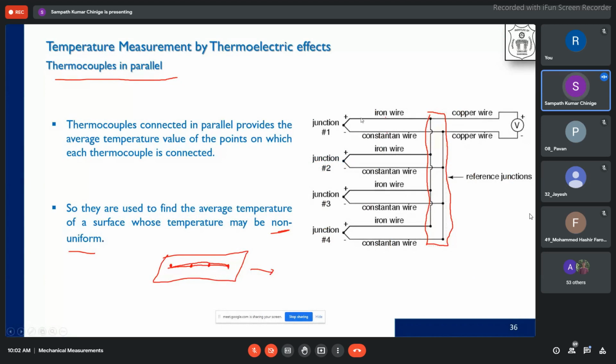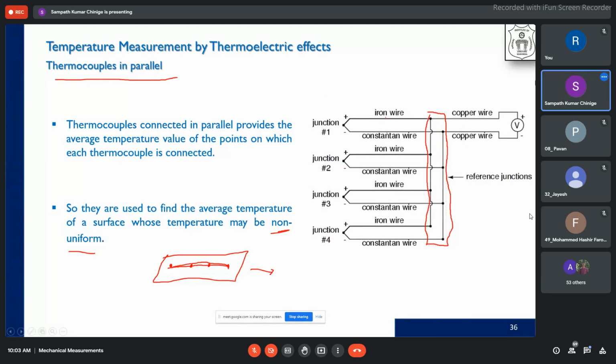We connect these thermocouples in parallel, and whatever output we get is nothing but TH minus TC, where TH is not the value of one surface temperature, but the average of all the junctions on the hot surface.